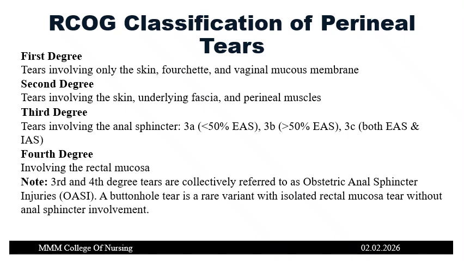The third and fourth degree tears are together called OASI, which means obstetric anal sphincter injuries. While the first and second can be repaired very easily, the third and fourth degree require extensive repair.